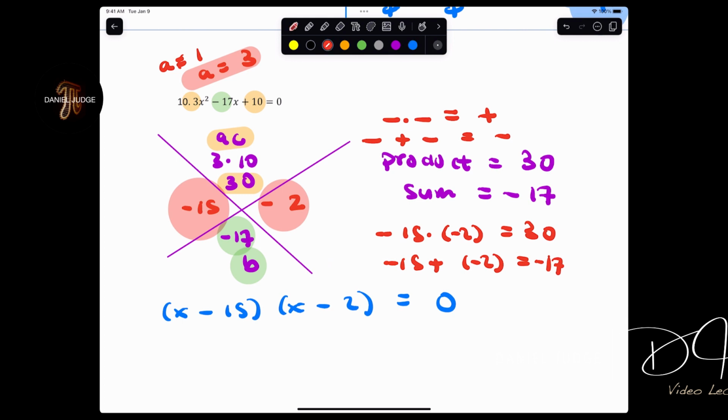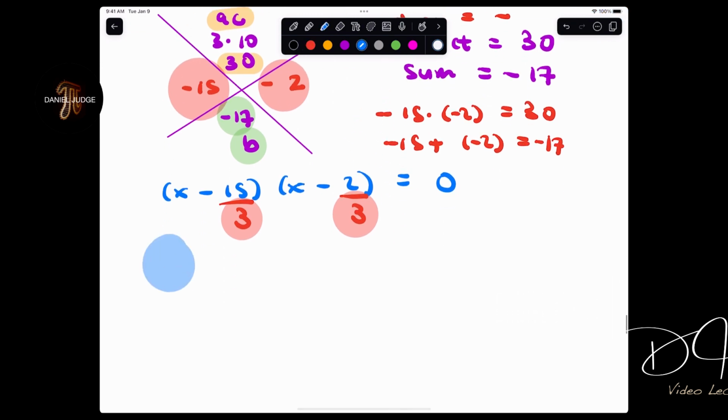So we're going to divide both of those numbers by that positive 3. 15 divided by 3 is 5, and then 2 divided by 3 is a decimal. I'm going to move that up. So it's really 3x minus 2.